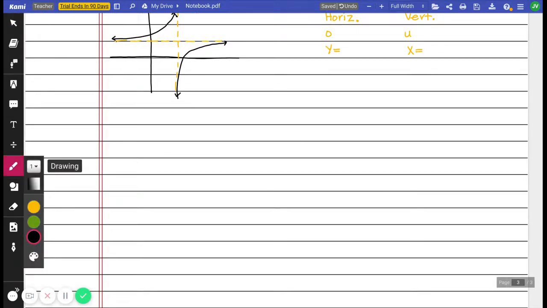Horizontal asymptotes occur at equations y equals b, right? We said horizontal lines are y equals.